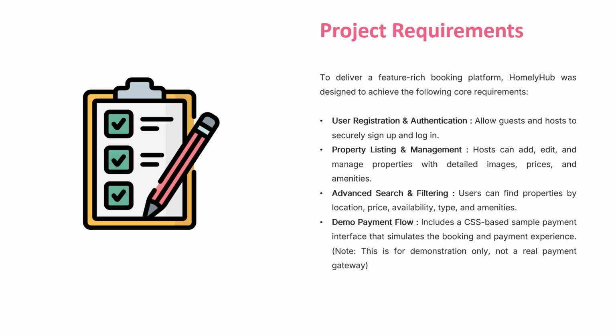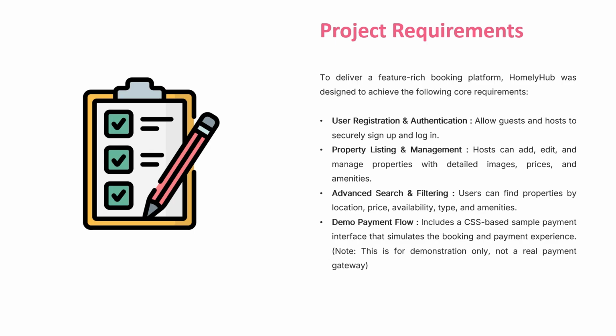Now let's see what the project's requirements are. For HomelyHub, there are mainly four core requirements. First is user registration and authentication, which allows the guest and the host to securely sign up and log in with their account details.